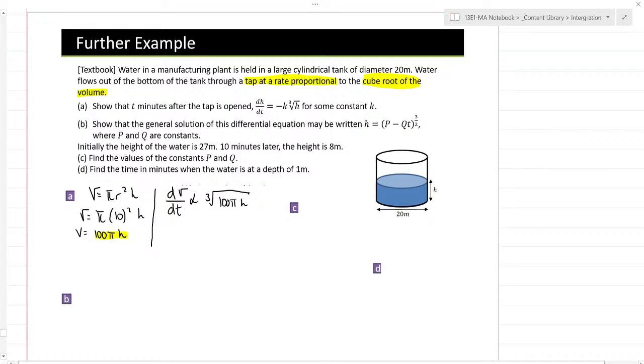Everybody all right with that? So dV by dt is equal to some constant, let's call it k, times the cube root of 100 pi h.